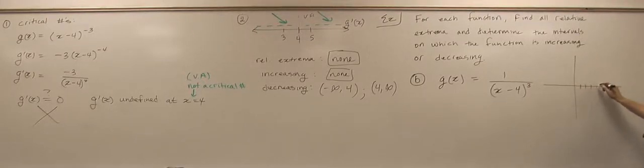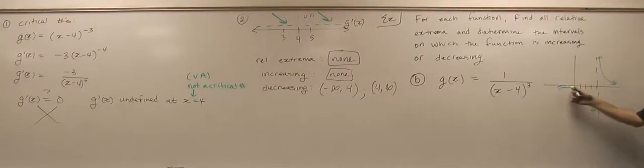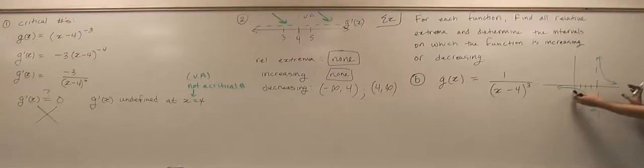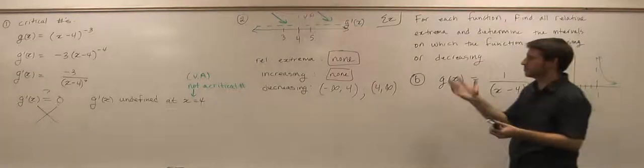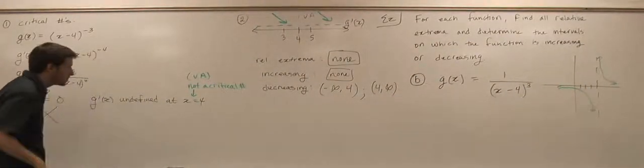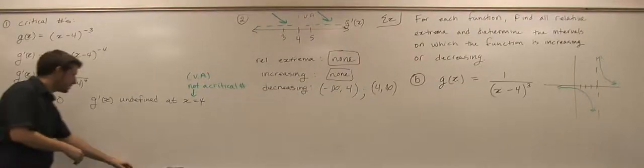So 1, 2, 3, 4. It's going down like this here, and it's going down like this over here. So it kind of jumps back up. So it's technically not decreasing over the whole real line, but over these two intervals, because it jumps up right here. But these are my three answers.